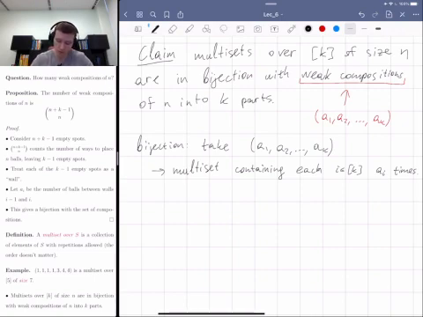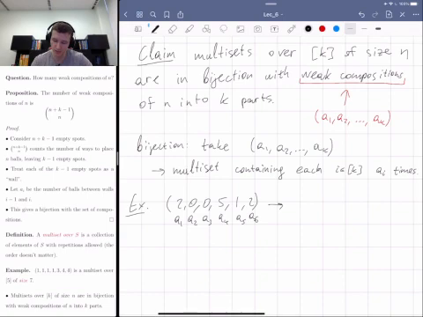So for example, if I take a weak composition 2, 0, 0, 5, 1, 2, and this is A1, A2, A3, A4, A5, A6, then I'm going to convert it into a multiset which contains 2 ones, no 2s, no 3s, 5 4s, 1 5, and 2 6s.